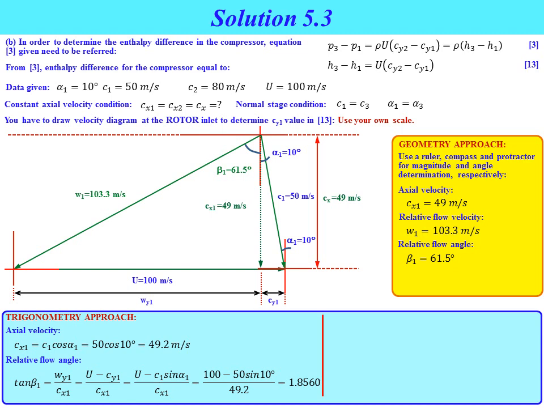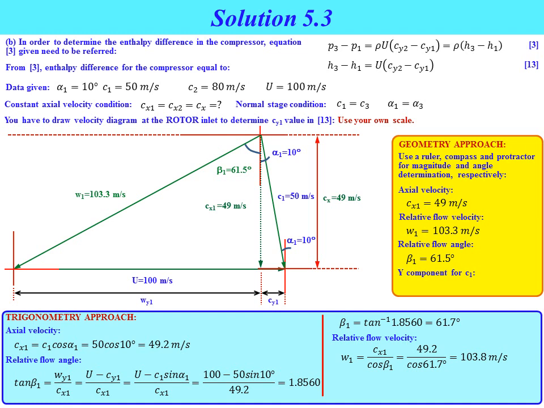Determining the beta 1 value, it equals 61.7 degrees. For the relative flow velocity W1, we can also use trigonometry, where W1 equals Cx1 divided by cos beta 1. Substituting the values, W1 equals 103.8 meters per second.